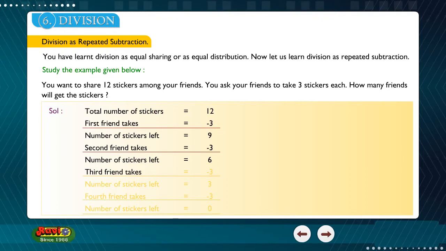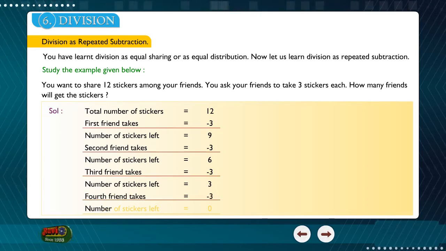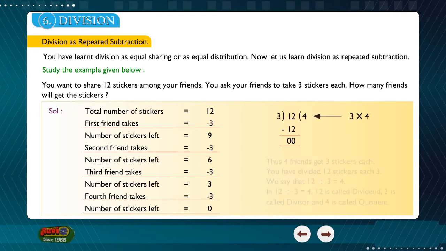Third friend takes 3. Number of stickers left 6 minus 3 is 3. Fourth friend takes 3. Number of stickers left 3 minus 3 is 0. Thus 4 friends get 3 stickers each.